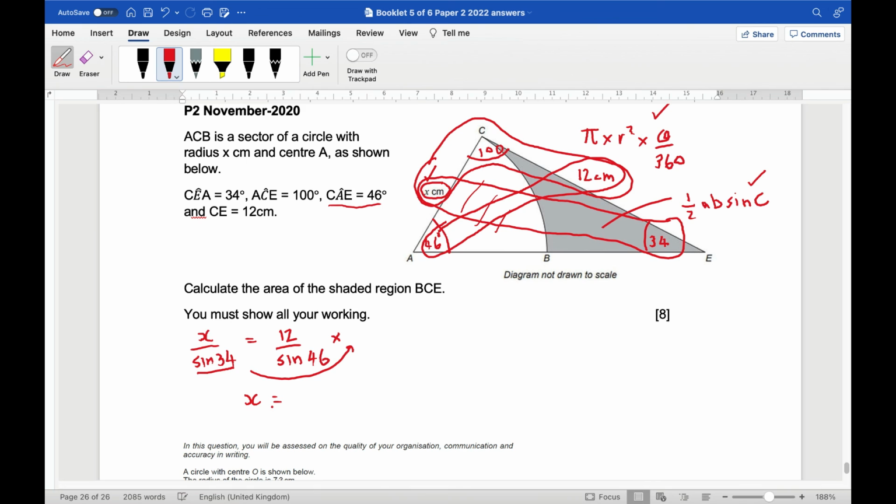So x equals 12 divided by sine 46, close brackets, times sine 34. Nope, can't do that. Need to get the answer to that first. Then press times sine 34 is 9.3 to 1 decimal place.